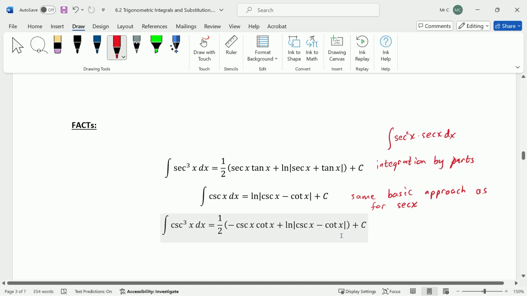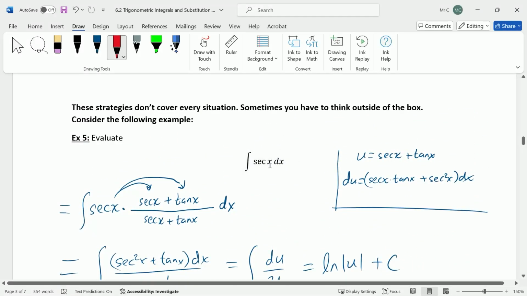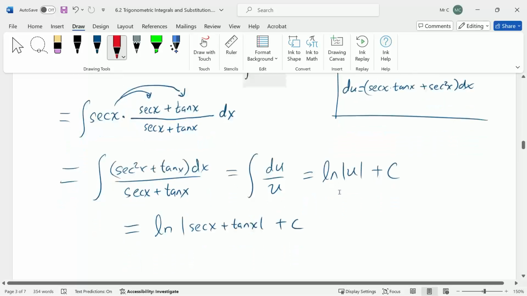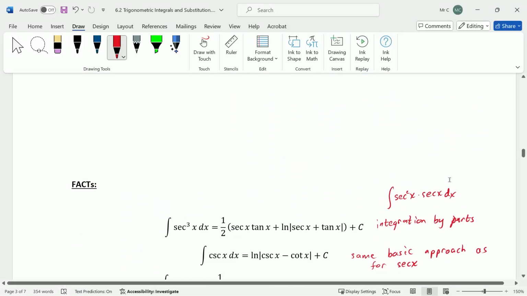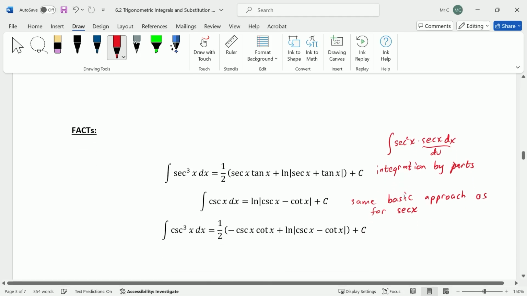Now, I'm not going to do that just because there is a lot of content in this section, and if I go through and do all of these, I'm going to end up spending a whole lot of time on this section, but I strongly encourage you to sit down and try to work out this formula yourself by starting with this rewriting and working out the integration by parts for it, keeping in mind that you know the antiderivative for secant of x, so that's probably what you want to pick for your dv in your integration by parts.